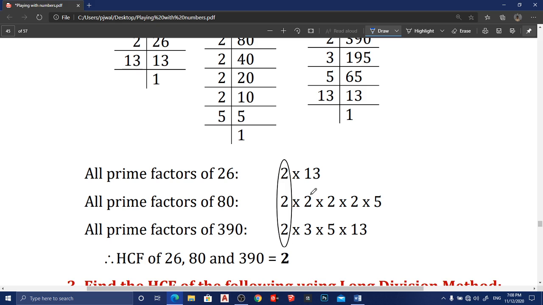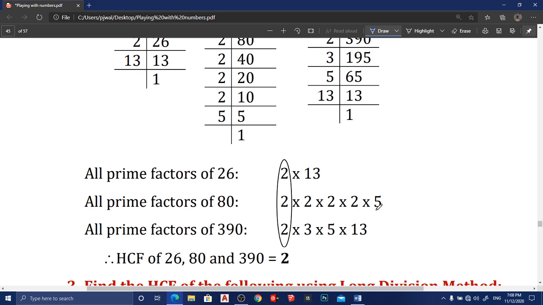But only this 2 is common for all the lists of factors. There is no other common number here. 13 occurs only 2 times, but it should occur 3 times for the HCF. In LCM we can take the maximum even if they occur 2 times. That's the difference.